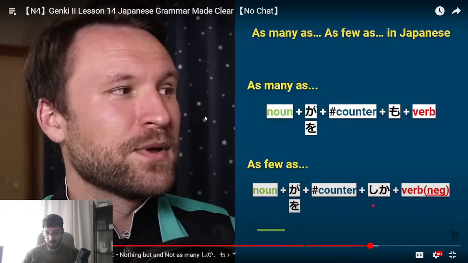And as few as, which is noun plus ga or o.